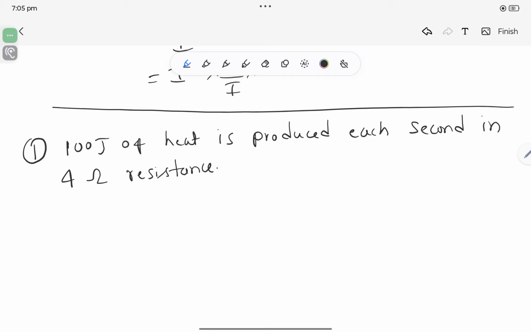Find the potential difference across the resistor.